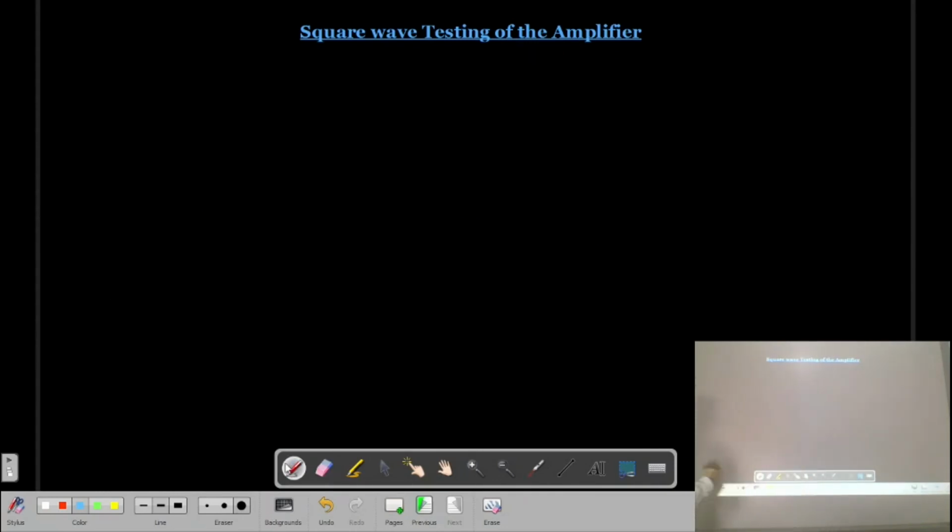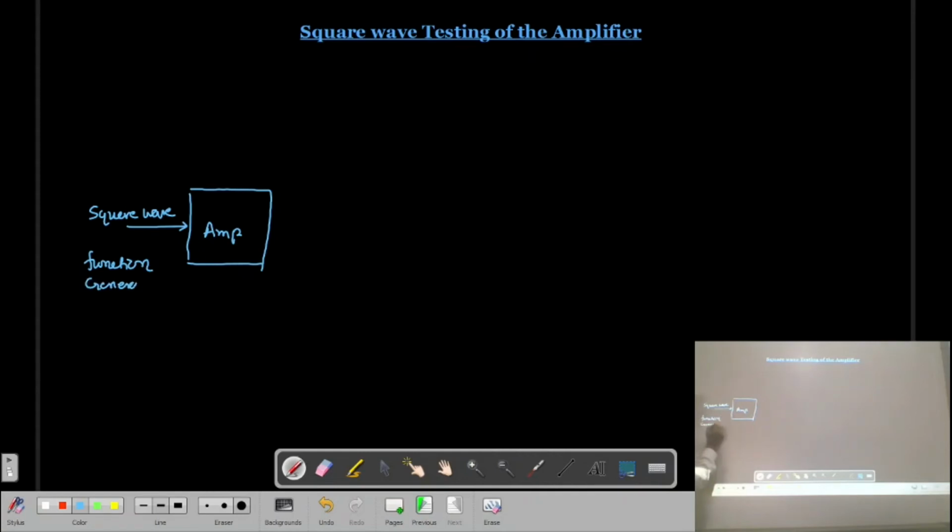So what is the setup for this? Again, we have this amplifier. We apply a square wave from the function generator, an instrument which can generate the square wave like this.